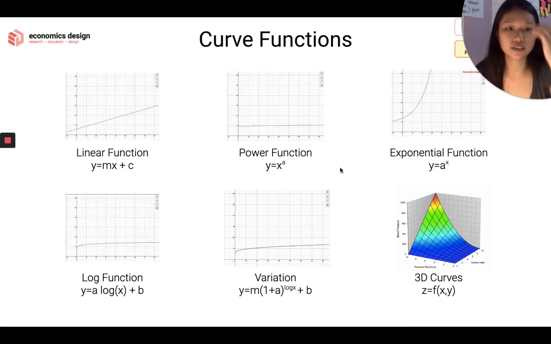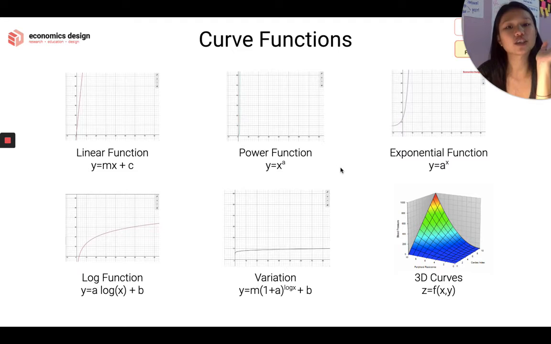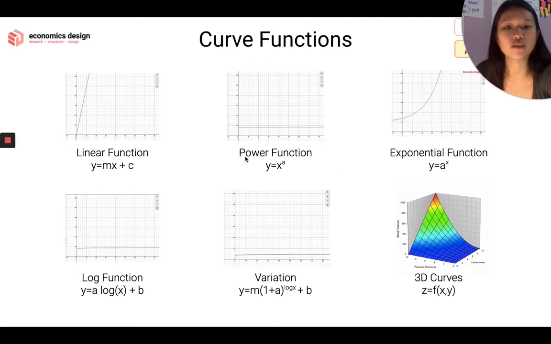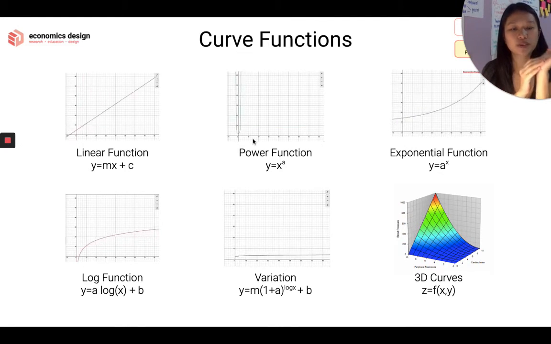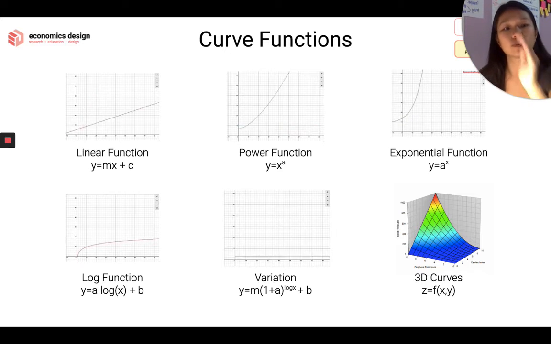The exponential function is basically the opposite. It's a to the power of x. It's another curvy function, but the curve is different. It's a different kind of curve. With the power function, the curve goes very straight or very horizontal, and it curves this way.